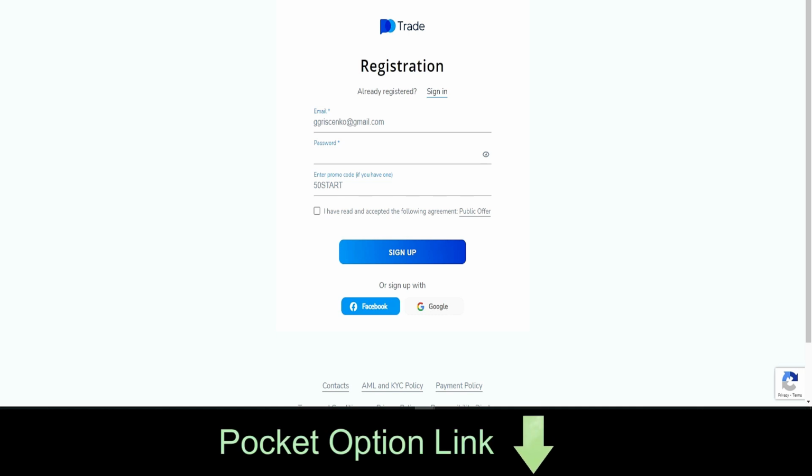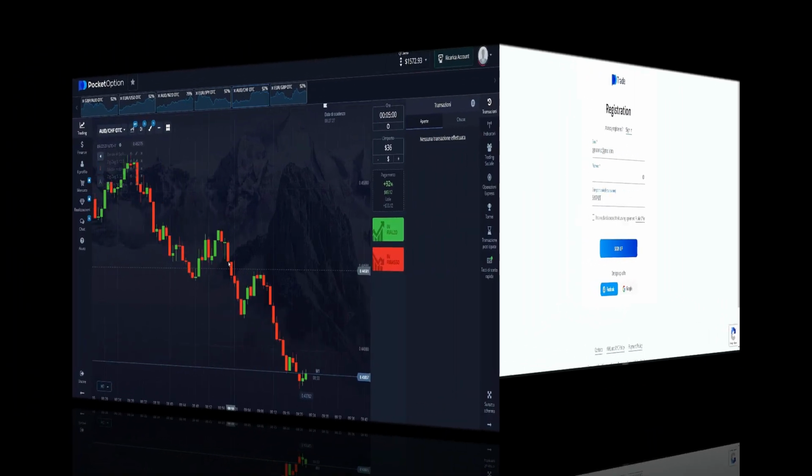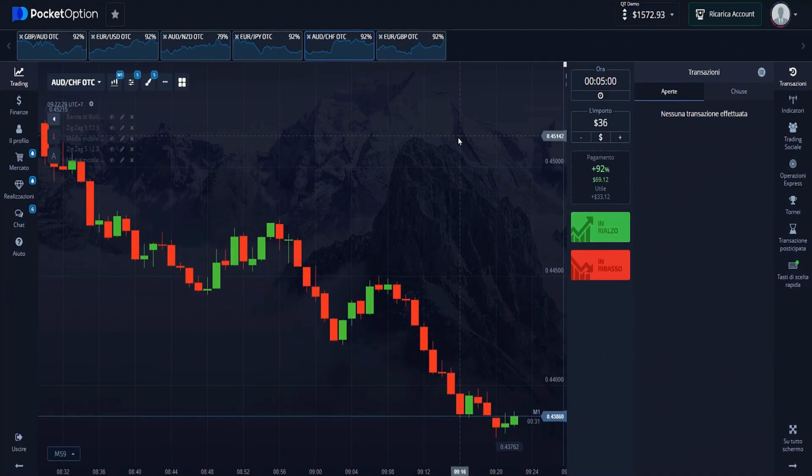Access the PocketOption.com broker through the universal link or with your personal link already active. Enter your login details and access the demo platform. To prepare the graph, we access the settings.